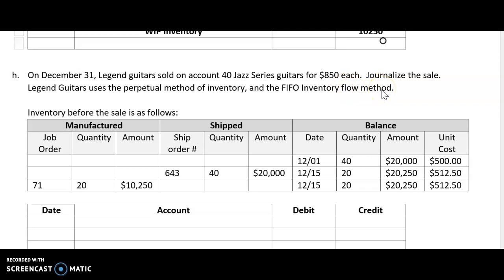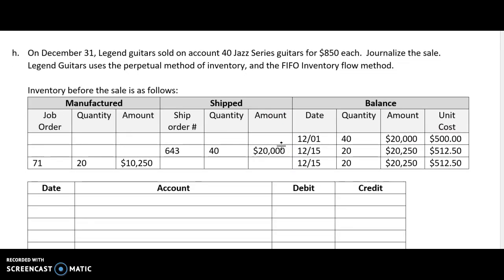So on December 31st, we sold 40 guitars at $850 each on account. So we're going to record an accounts receivable because those people have promised to pay. And we sold 40 guitars for $850 each, so that would be $34,000.